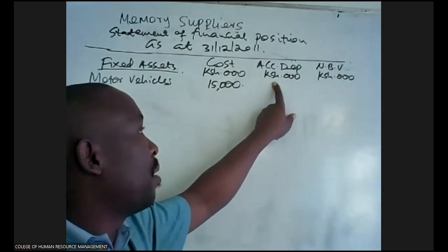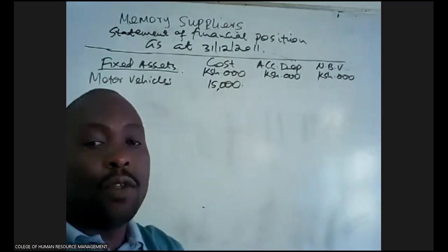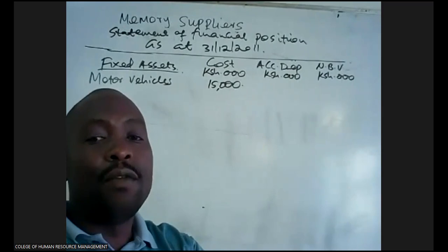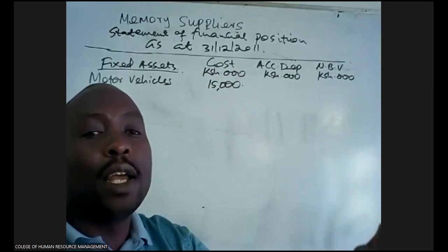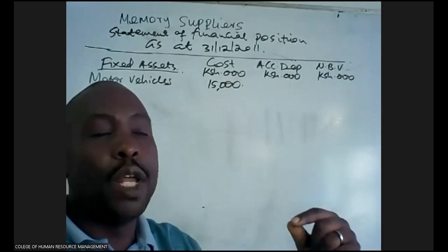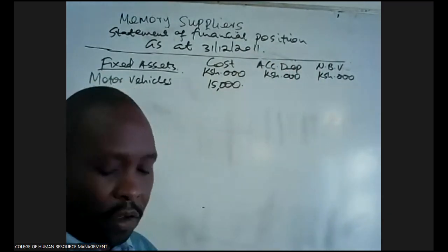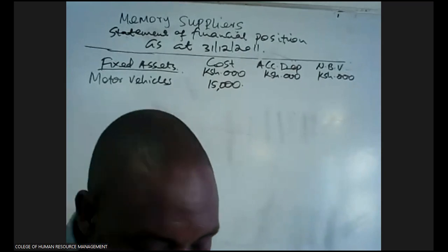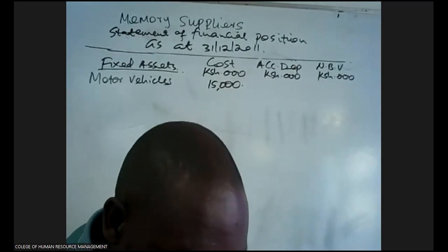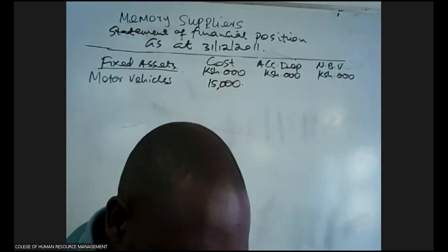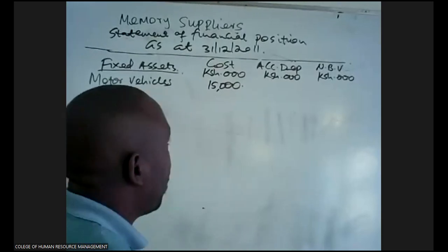So under the accumulated depreciation, we use 2,700 for this year plus the 1,500 for the previous year, so that we get the total accumulated depreciation up to this date. So 2,700 plus 1,500 gives you 4,200.